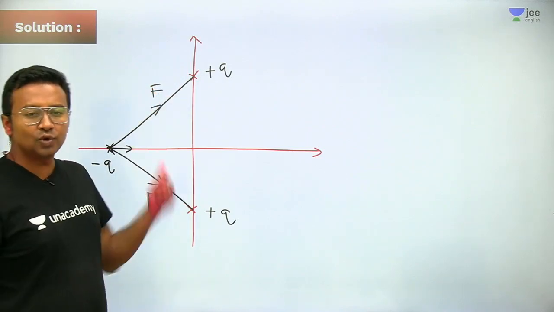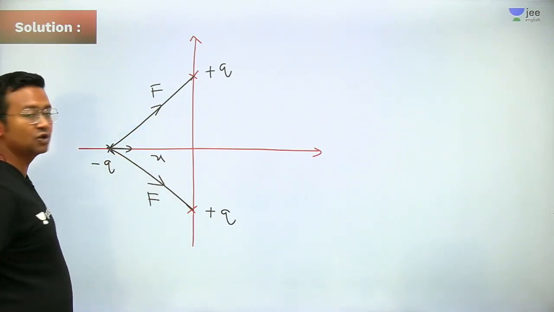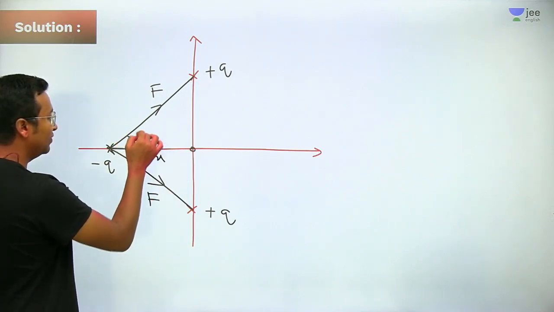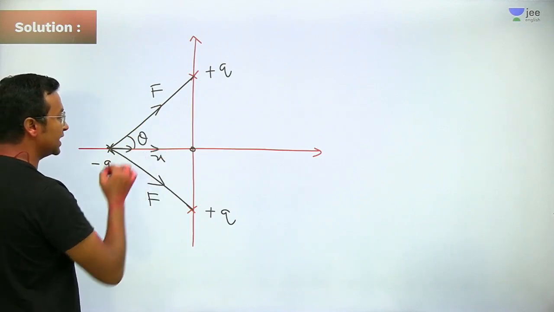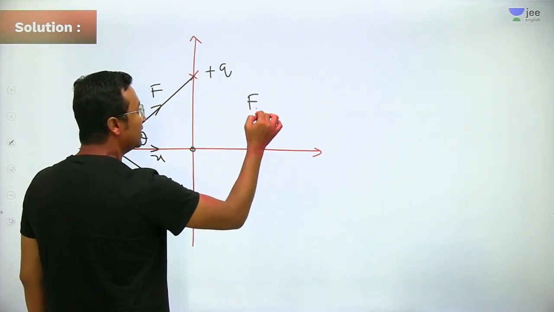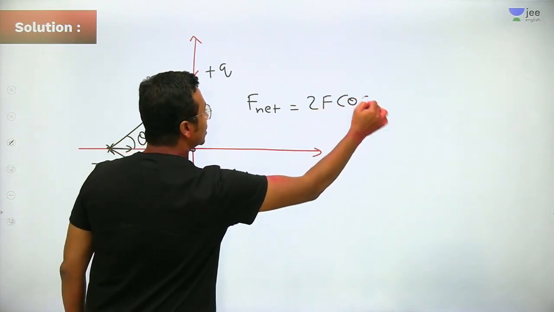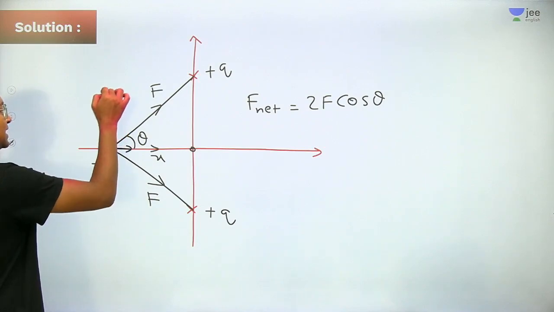Okay. So at any general x, at any general point when it is at a distance of x from the origin, okay, let's say it is making an angle of theta. Okay. So if this is F, the net force in this direction, F net, will be equal to 2F cos theta. Because the sine components, if you see, they are going to cancel each other.